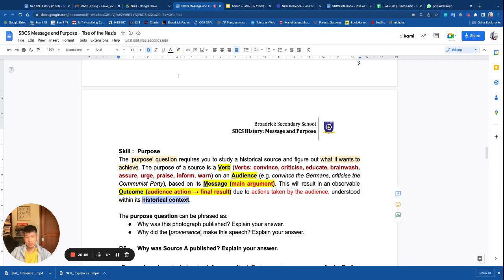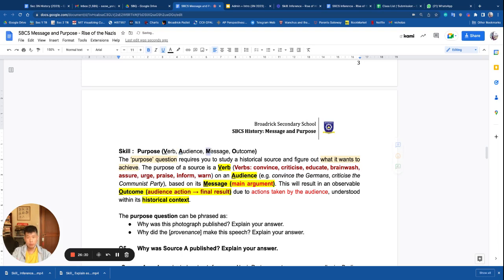And so in other words, the purpose skill, we can use this acronym VAMO: verb, audience, message, outcome. We use the acronym VAMO to remind ourselves, to prompt us on how to craft the answer. Where's evidence?